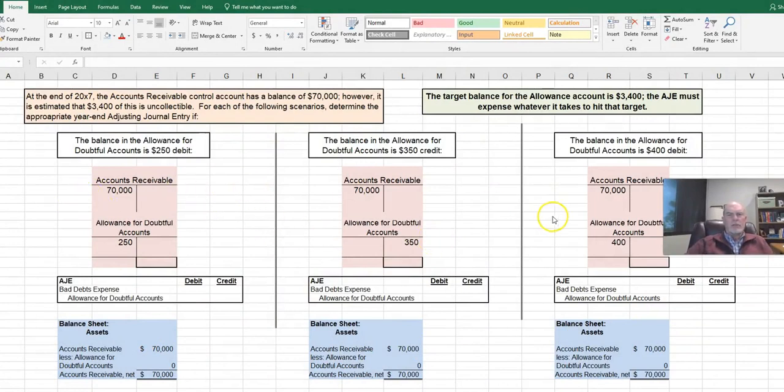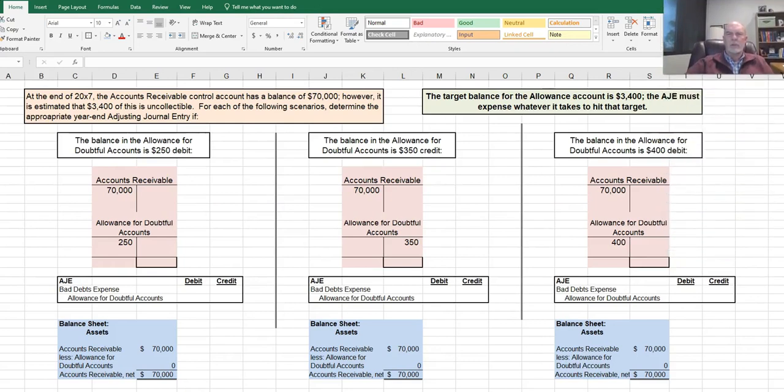I've got 3 different scenarios here. In each one of them, we have $70,000 of accounts receivable. And we've analyzed the customer accounts making up that total, maybe with an aging schedule, but we've estimated that $3,400 of that 70 is uncollectible.